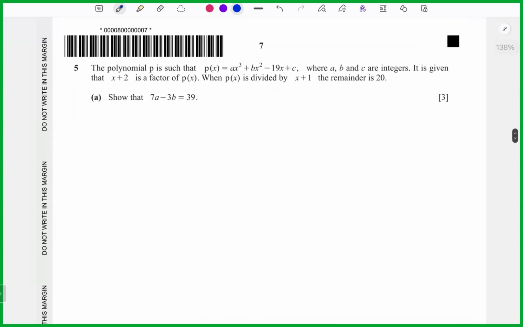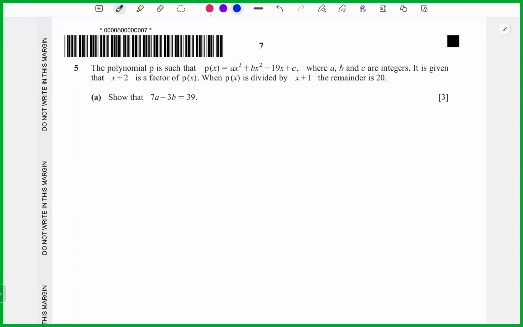Question 5. The polynomial p is such that p(x) equals ax cubed plus bx squared minus 19x plus c, where a, b, and c are integers. It is given that x plus 2 is a factor of p(x). When p(x) is divided by x plus 1, the remainder is 20.